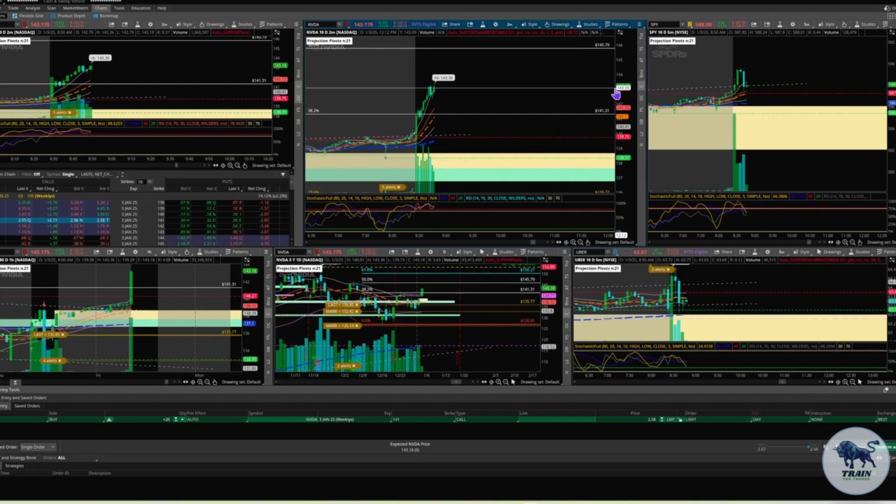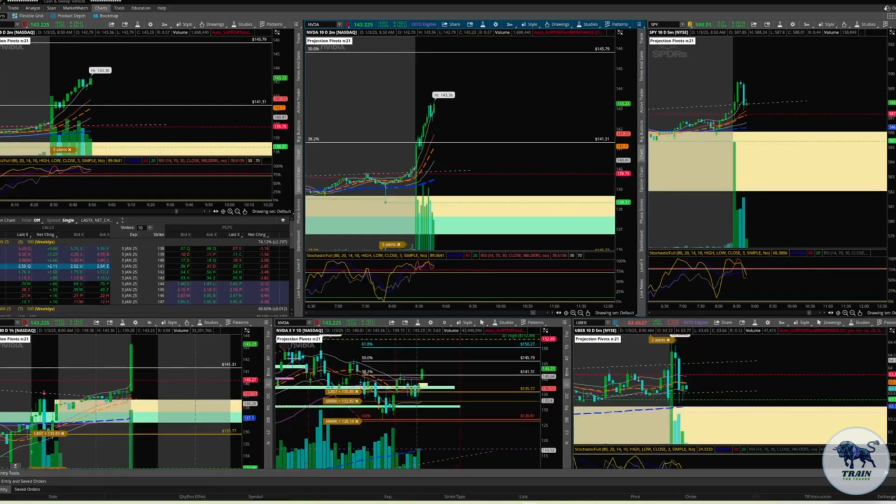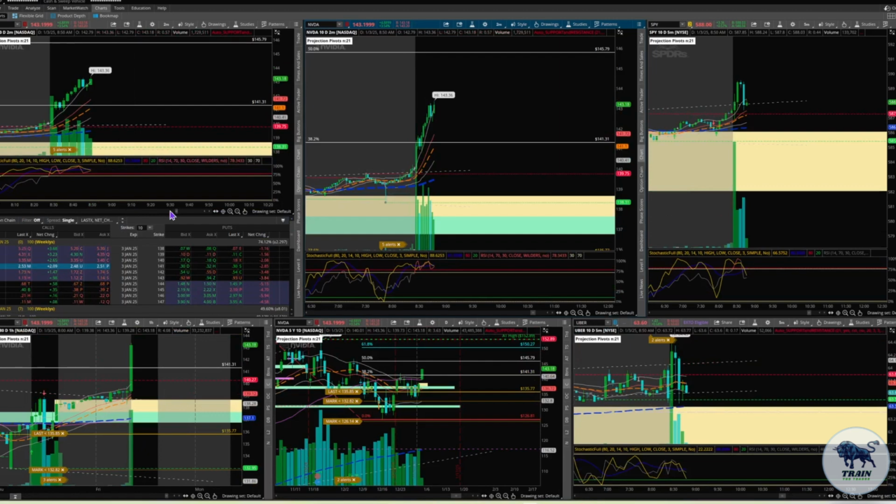So it has to move one way or the other. If it goes down, you lost on that contract. If it goes up, then you're a winner.